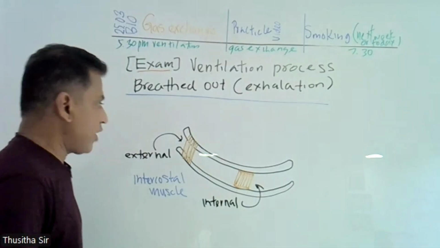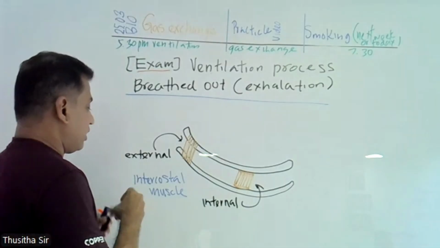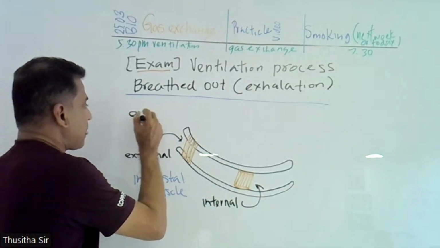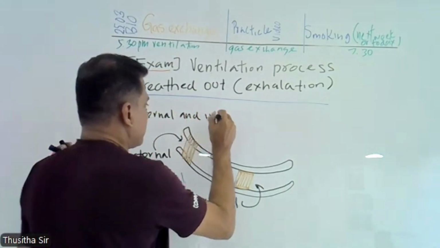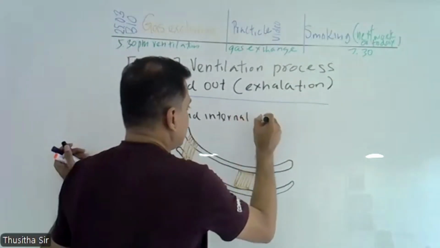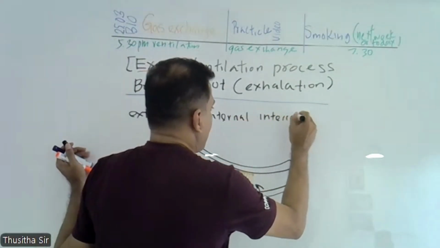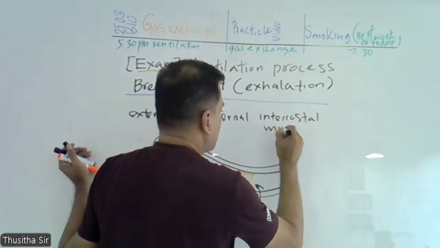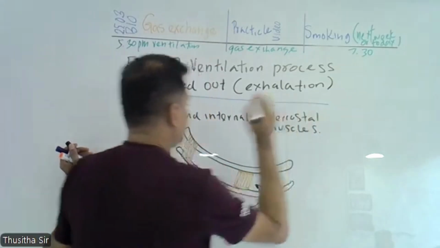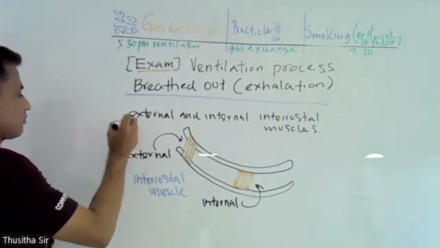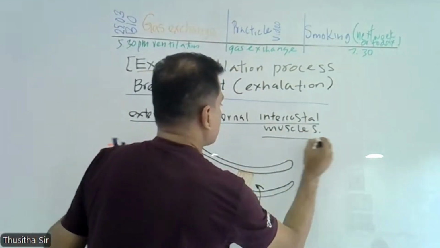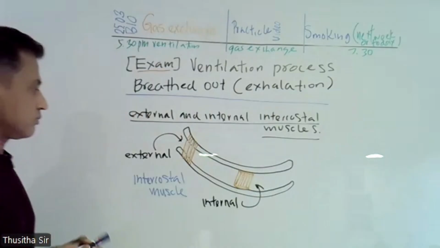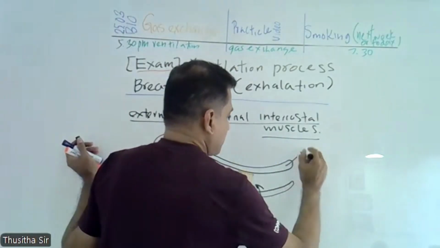For that, you have to copy this diagram. External and internal intercostal muscles. That's a rib.